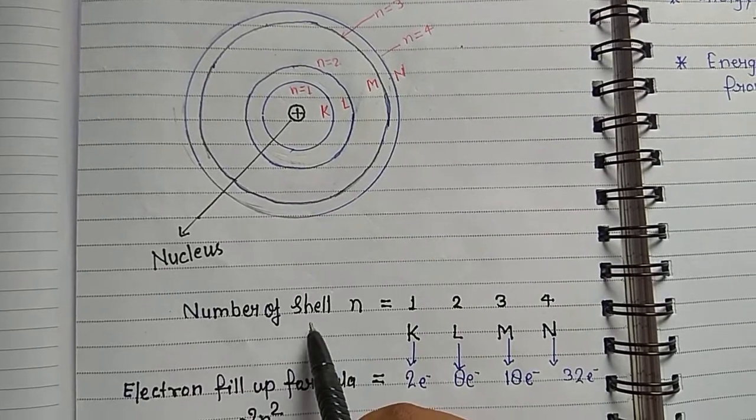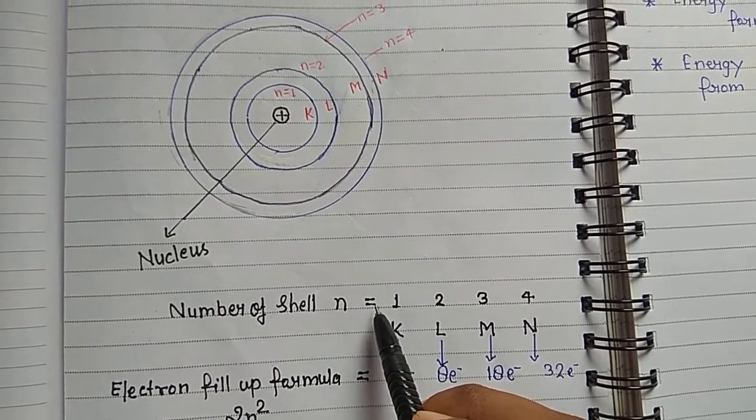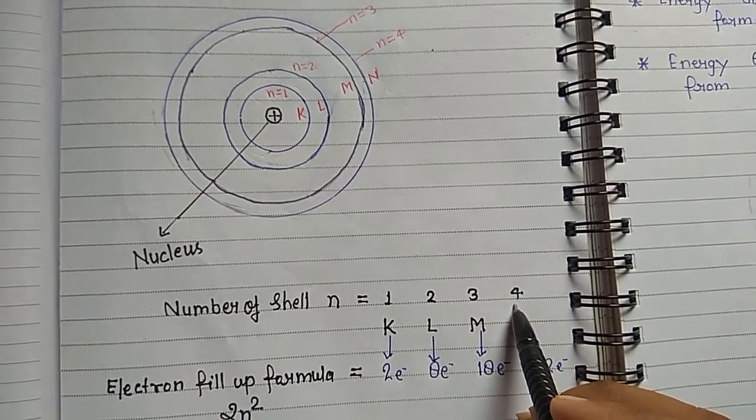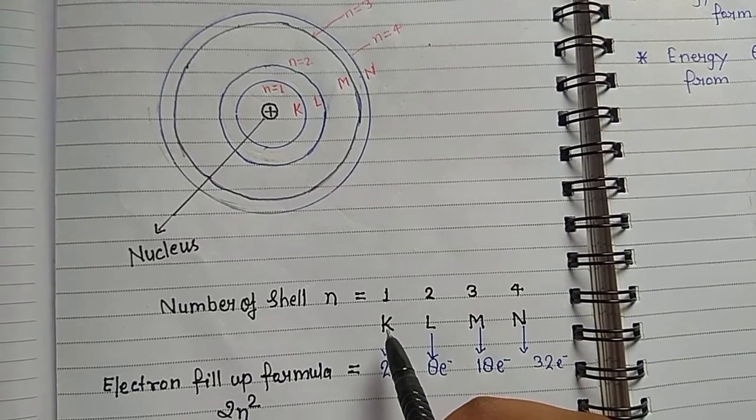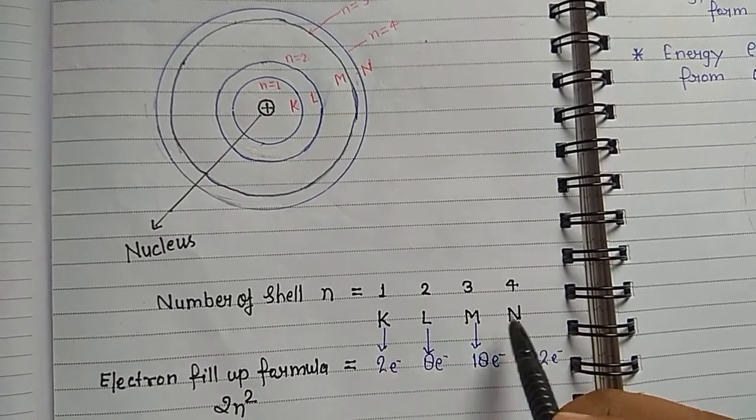The number of the shell is represented by a small n, whose value may be 1, 2, 3, 4, and they are represented by the capital letters K, L, M, N.